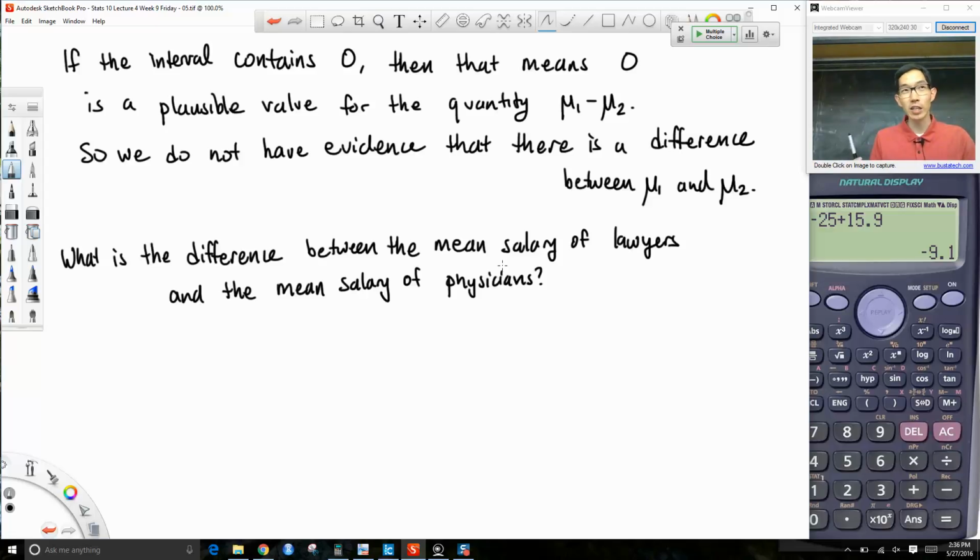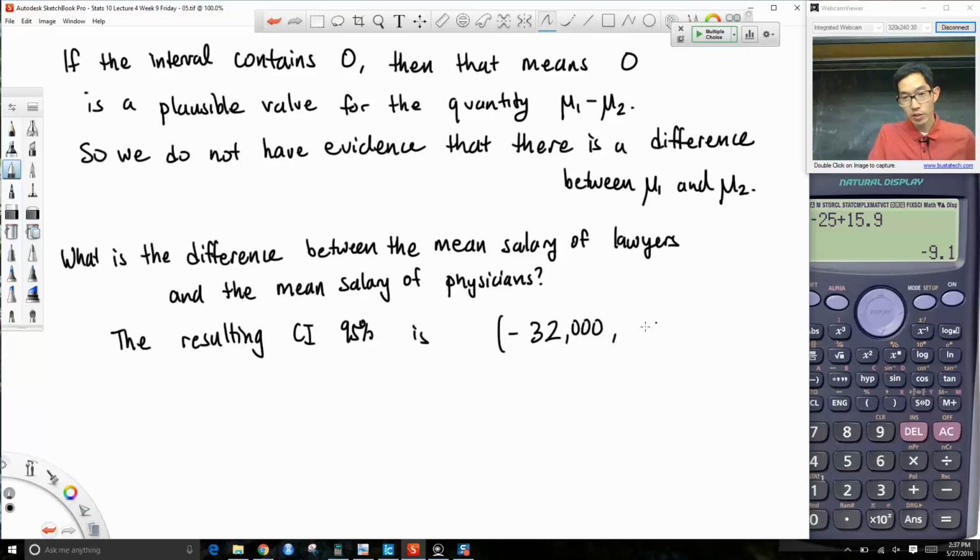So maybe we would run into problems, but let's just assume we could apply the central limit theorem and we get the resulting 95% confidence interval of, let's say, negative 32,000 to 64,000 or something like that.